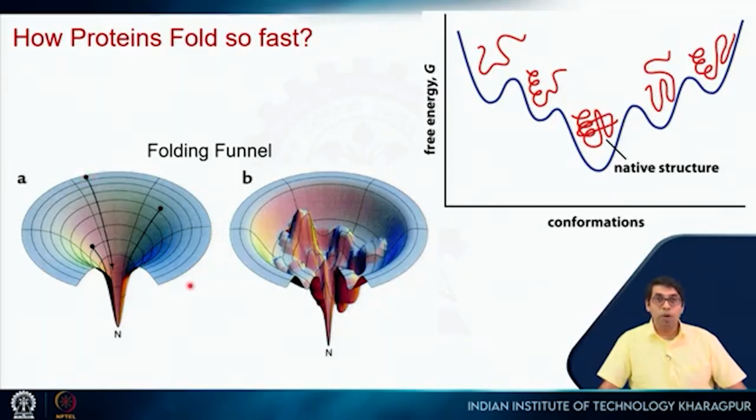Instead of sampling all these possible conformations, the protein will quickly go through only these few conformations and reach the native folded form, which is the lowest energy state. Some proteins have a very smooth funnel like this, where the folding is very fast, and some funnels have this rugged structure. The protein will go through all sorts of intermediate states and finally reach the final folded form.